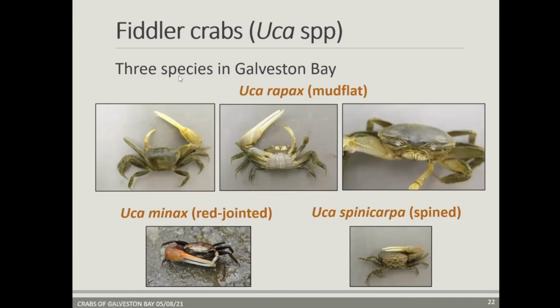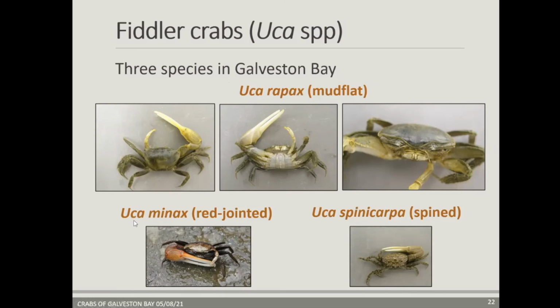We have 3 species in Galveston Bay, but most of the time we're seeing this one, the mudflat fiddler crab, Uca rapax. One of the things that all the fiddler crabs are known for is this greatly enlarged chela on the males. The females have 2 small ones. I don't have any females on this page, but the males have 1 greatly enlarged one.